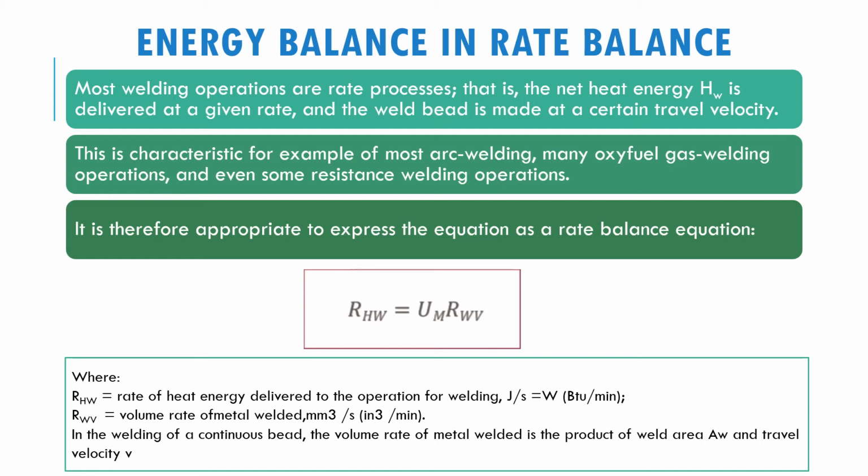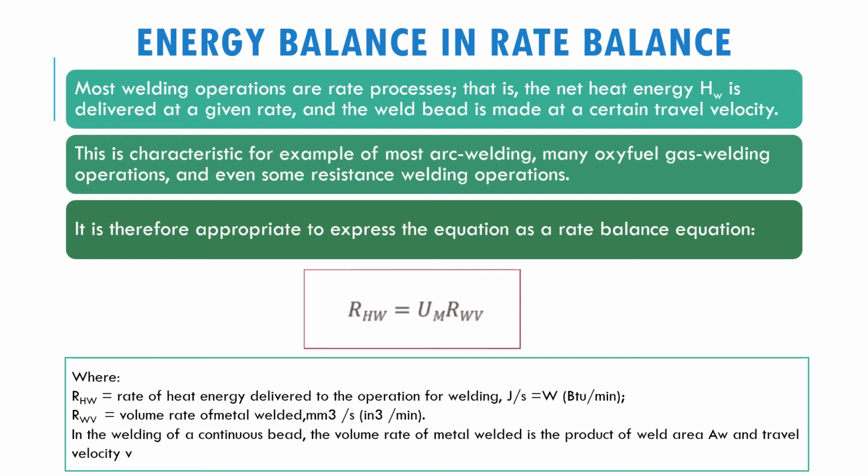This is characteristic of most arc welding, many oxyfuel gas welding operations, and even some resistance welding operations. Therefore it is appropriate to express the rate balance equation: RHW equals UM times RWV, where RHW is the rate of heat energy delivered to the operation for welding.